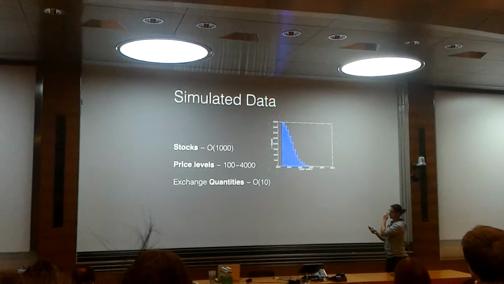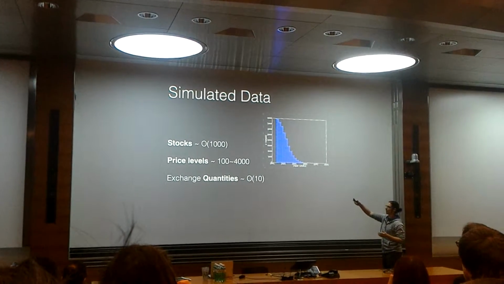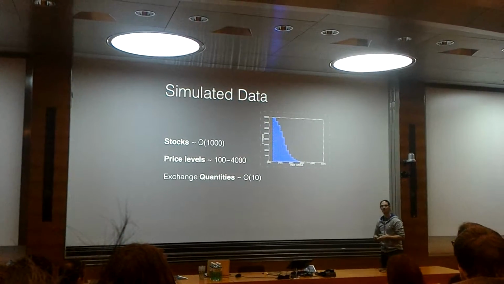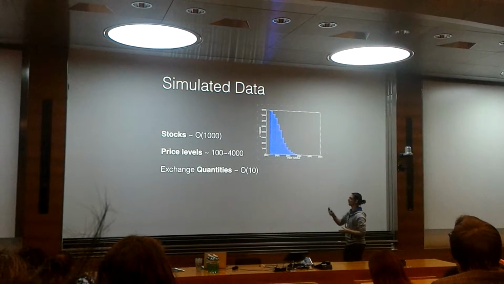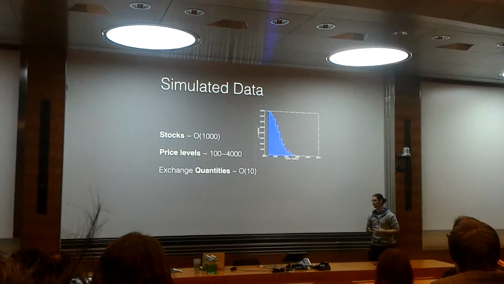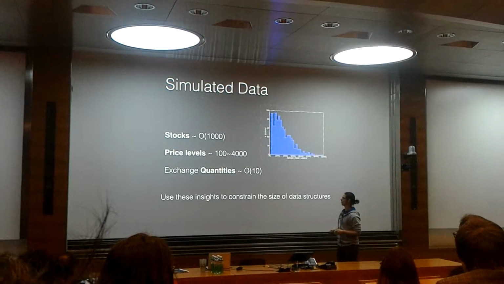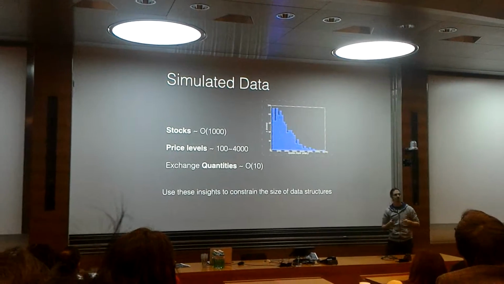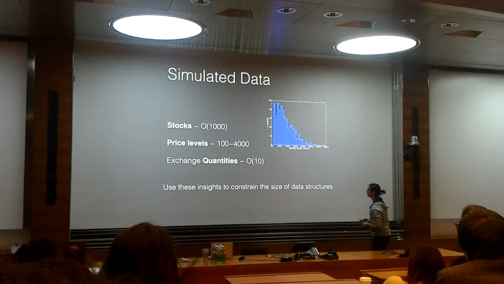And so we did this, and we saw that we have on the order of 1,000 different values in the stock variable, 100 to 400 different price levels, and the exchange quantity is on the order of 10. So let's use these insights in order to constrain the data structure. That was our first approach.